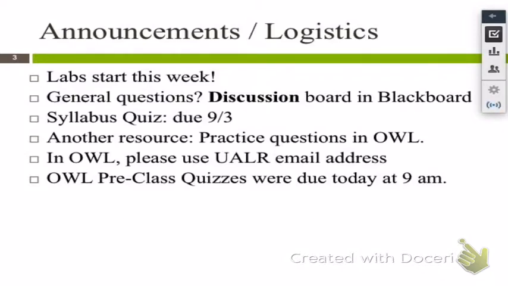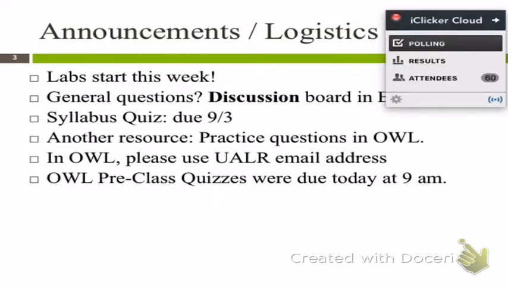I'm curious how long it took. Let's do a clicker question. Can you go ahead and enter, sorry, let me stop that. Let me re-enter. Enter in blocks of 15 minutes about how long it took you.